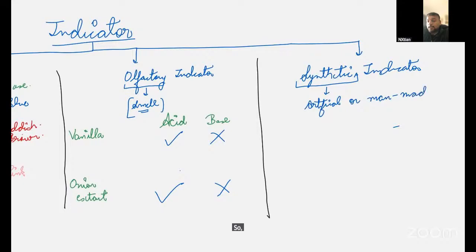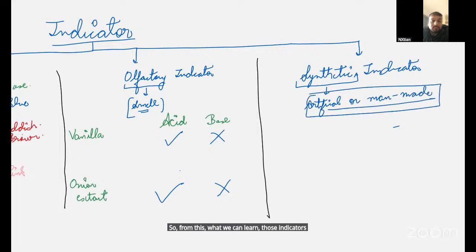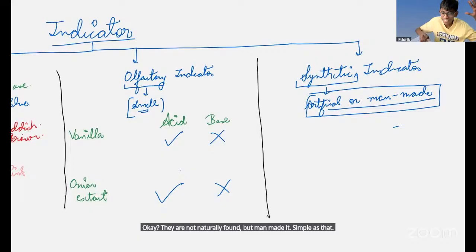So those indicators that are formed in a laboratory are called man-made or synthetic. They are not naturally found, but man made them. Simple as that.